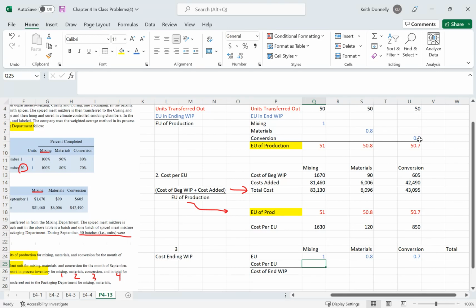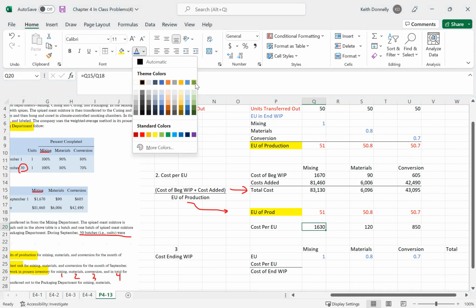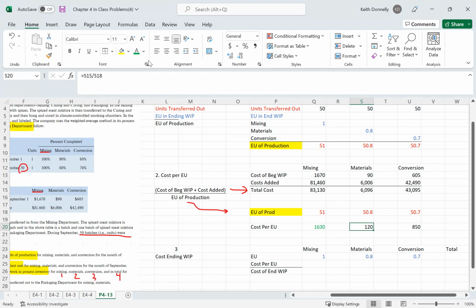Then we have to figure out our cost per equivalent unit. And how can we get that? Oh wait, we just did that right up here. Let's make this green to show you where it's coming from.